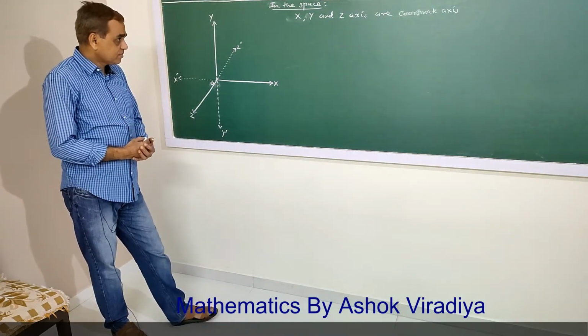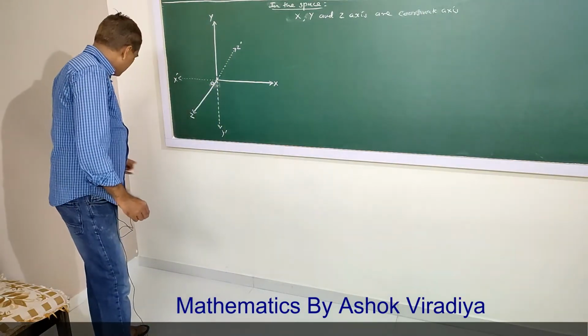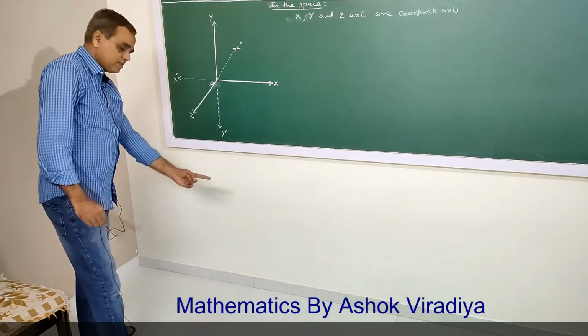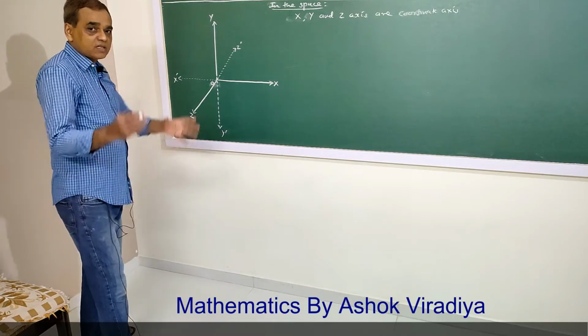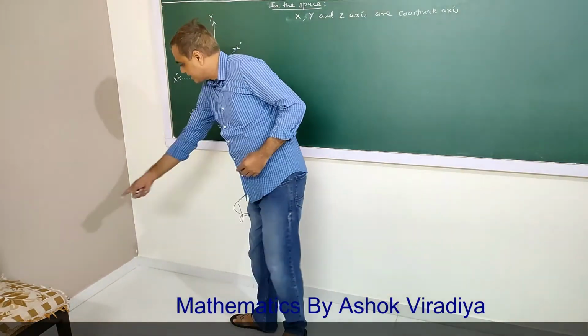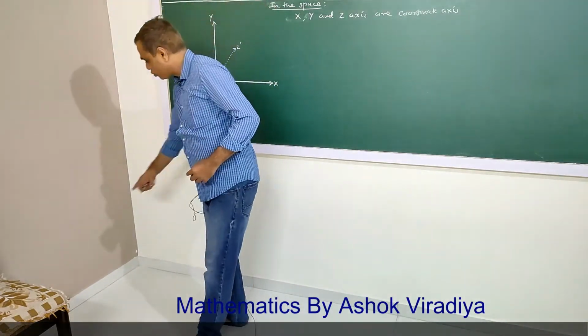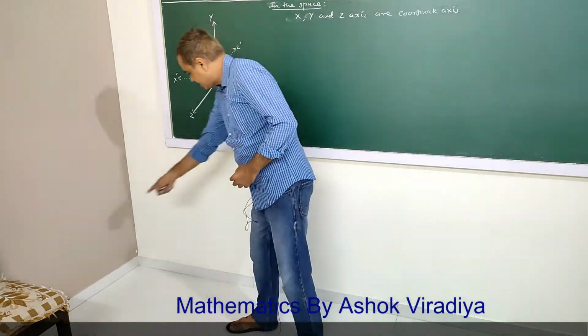Now, say this line is x-axis, this line is y-axis. So this plane is XOY. XOY is a coordinate plane. This line is y-axis, this line is z-axis. This is YOZ. This line is x-axis, this line is z-axis.